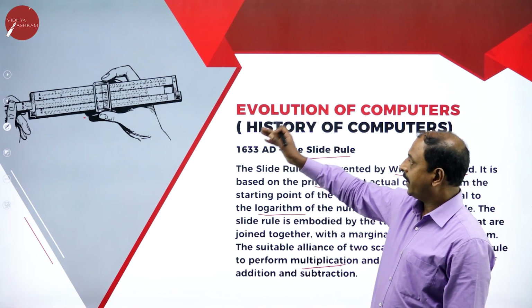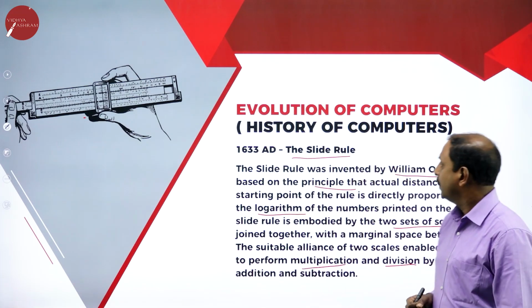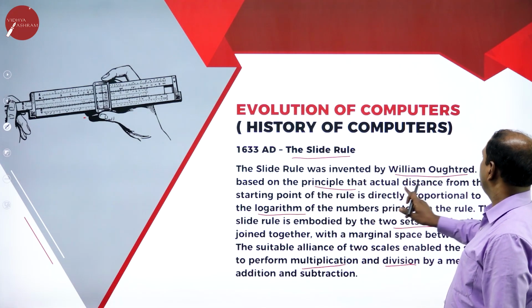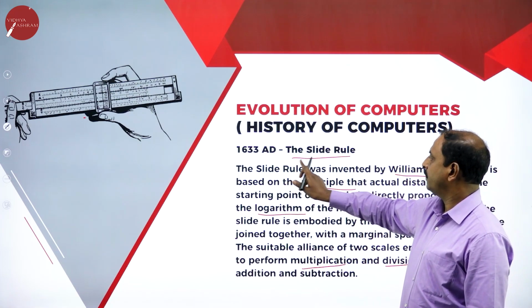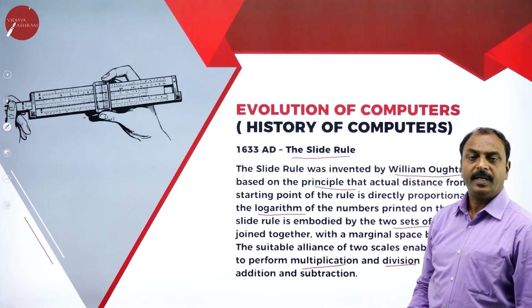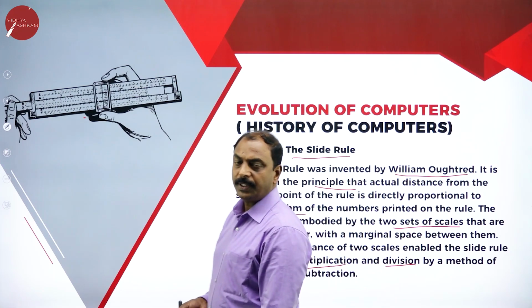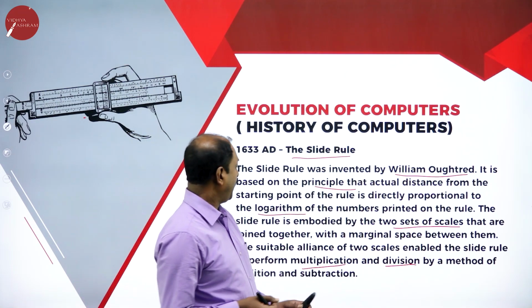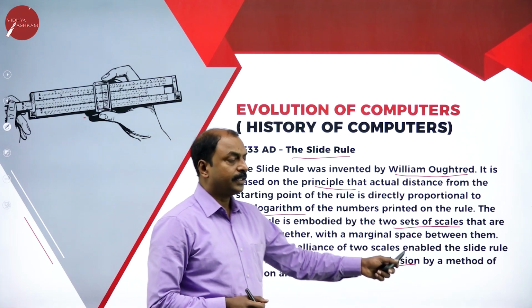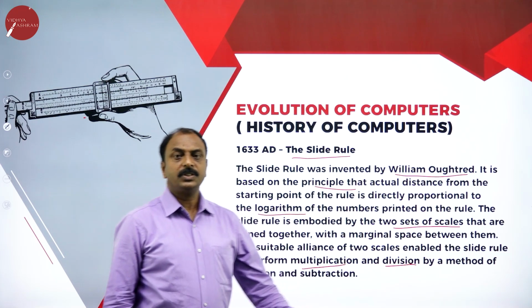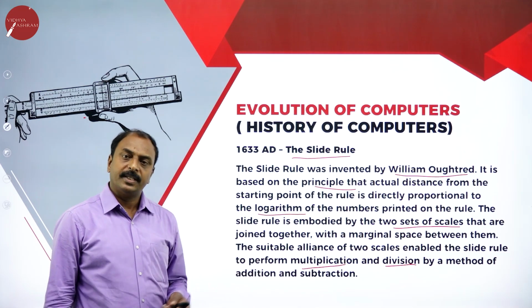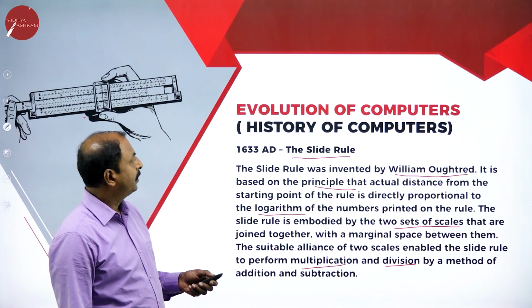So this is the slide rule, invented by William Oughtred, and with the help of this, people used to multiply and divide numbers. This is one of the inventions in the history of computers.